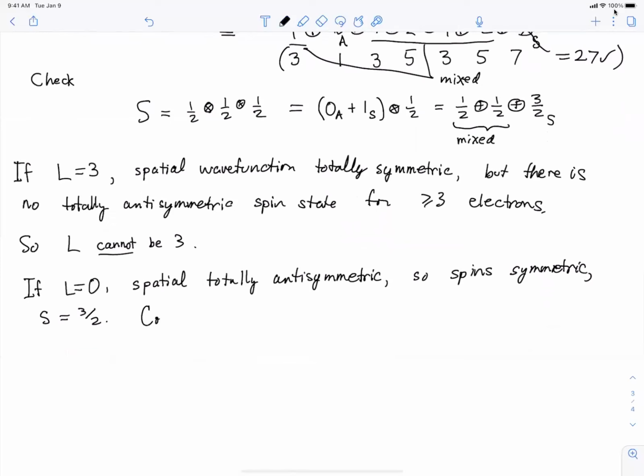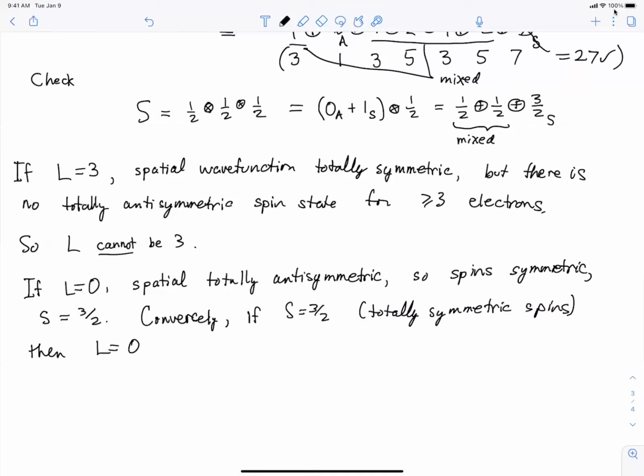Conversely, if the spin is 3/2, then it's totally symmetric. And so then the orbital would have to be totally anti-symmetric. And the only one there is L equals 0 again. So that's the only allowed one.